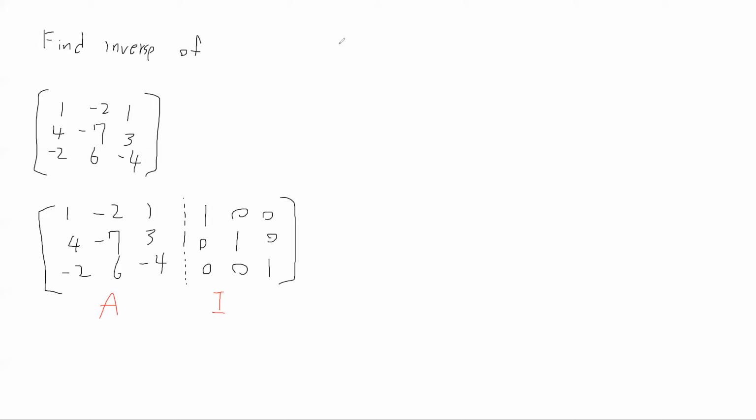Now, our goal is to perform elementary row operations on this entire matrix so that the left-hand side will look like this. The left-hand side will become an identity matrix, and on the right-hand side, we will have some matrix here.